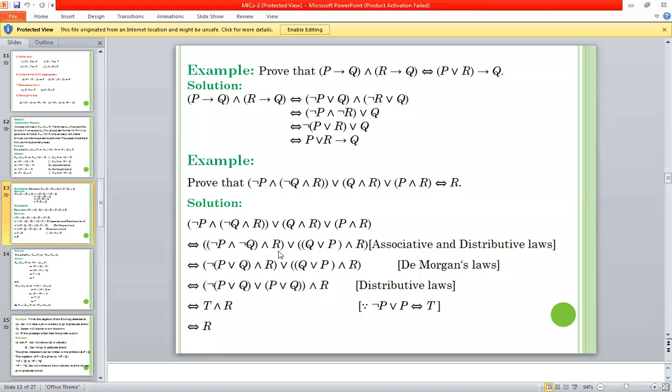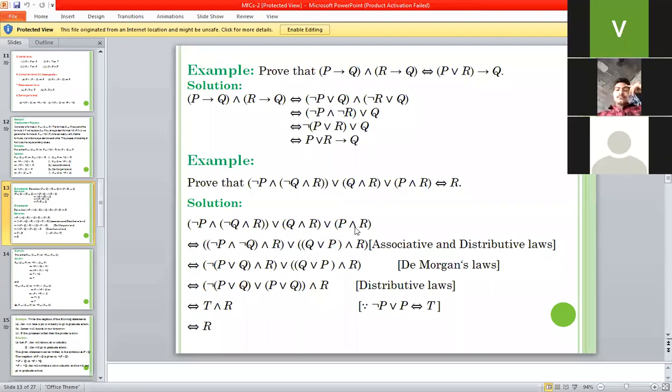What is the associative law? (P and Q) and R is equivalent to P and (Q and R).